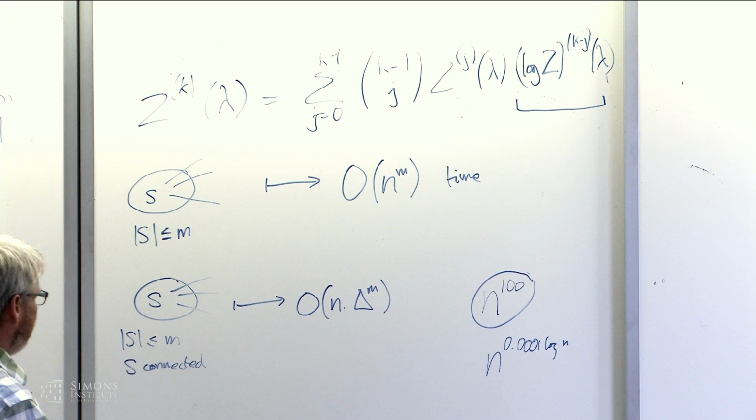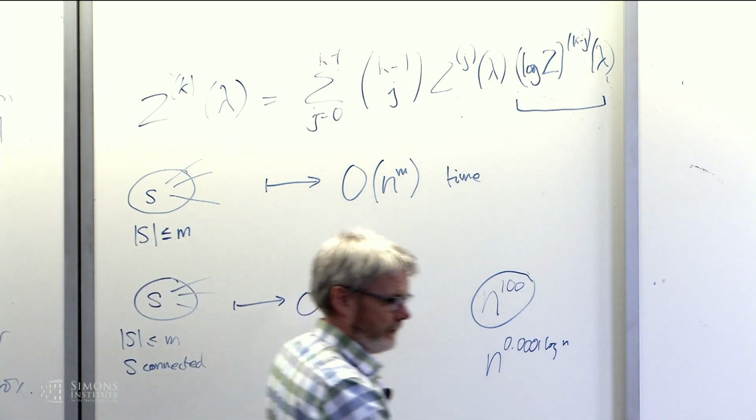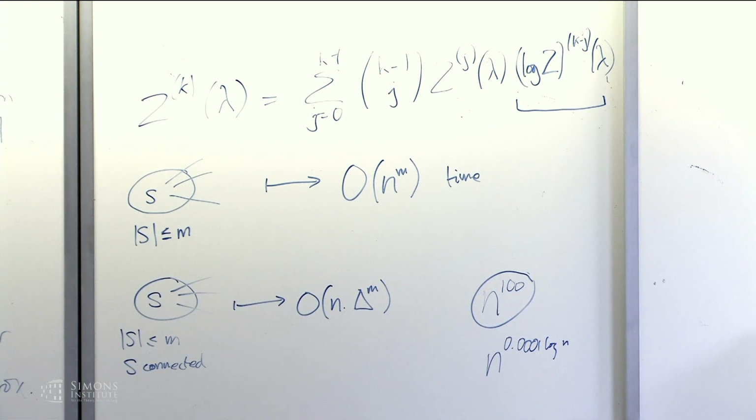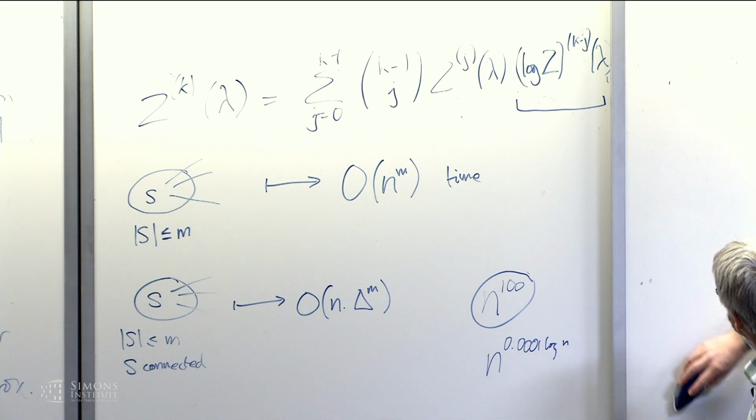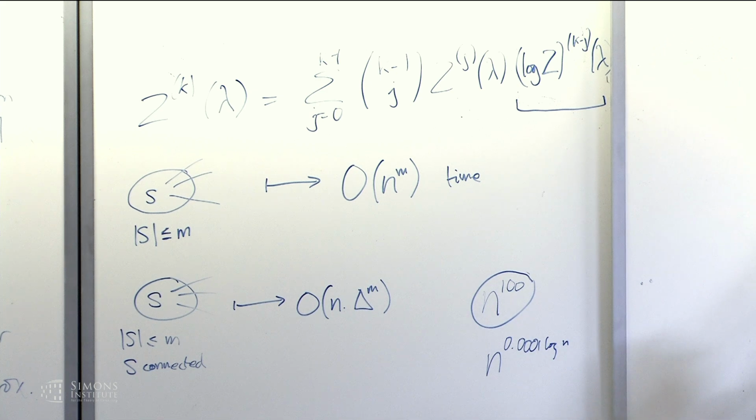So how do you do that transformation? I'll just sketch out Goose's original idea.